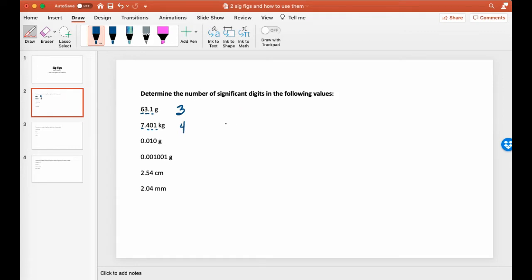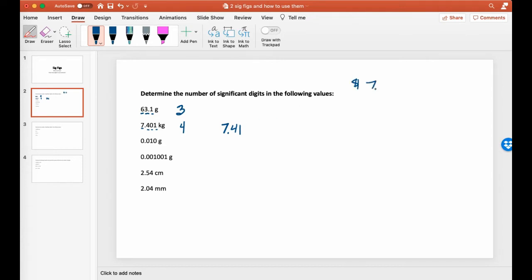And I've had people get confused. This is a classic thing that confuses people. I've had people say that this one only has 3, because they'll ask me, hey, aren't zeros not significant, correct? Well, in this case, the 0 is significant, and the reason is if it wasn't significant, then you would be saying 7.41, and that's a completely different value. Imagine you had money.